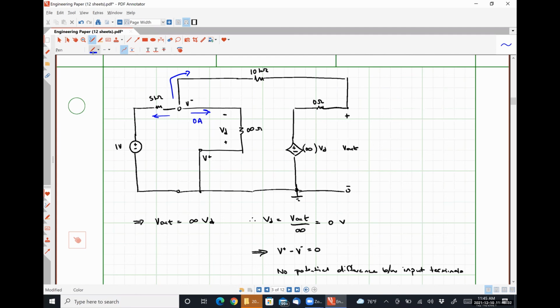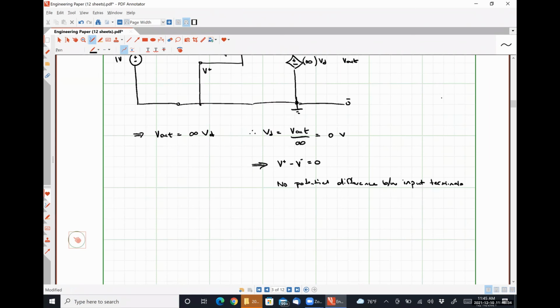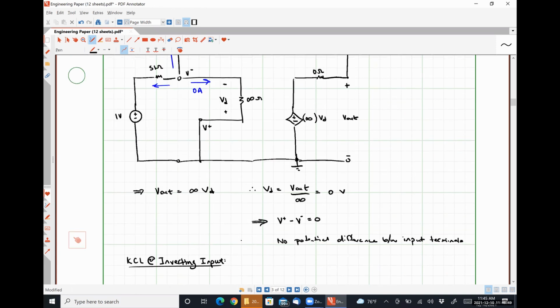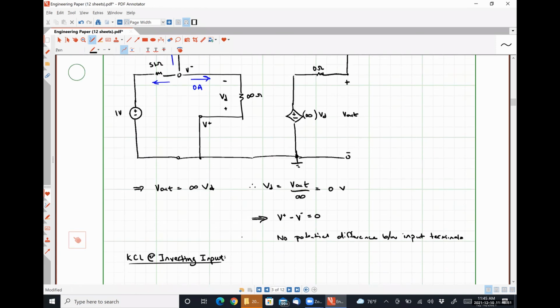Right? So if we apply KCL at our inverting input, we get V minus, which will be what in this case? 0, yeah, because we know V plus is ground, so V minus has to be ground because V plus minus V minus is equal to 0.